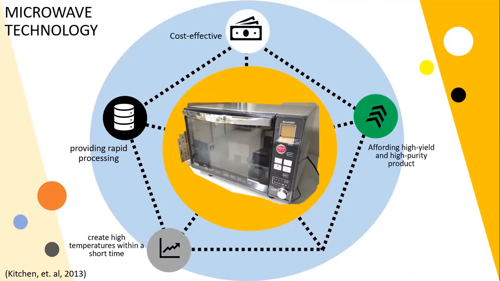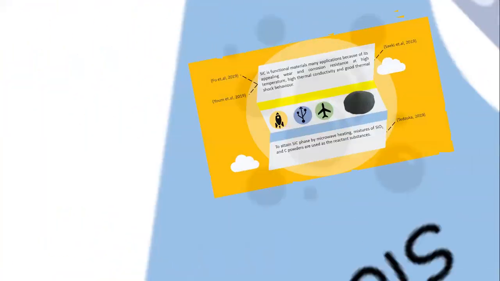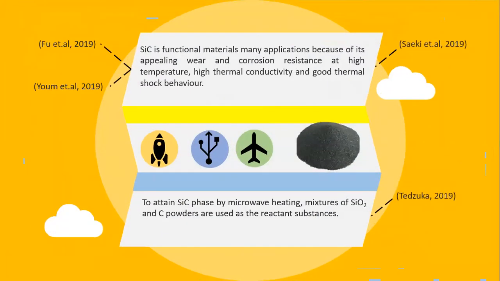On the other side, it also provides the added attraction to access new and potentially metastable materials and understand the interaction of solids with electromagnetic fields. In my experiment, SiC or silicon carbide has been a representative example of microwave synthesis.